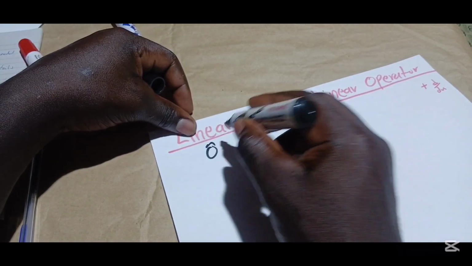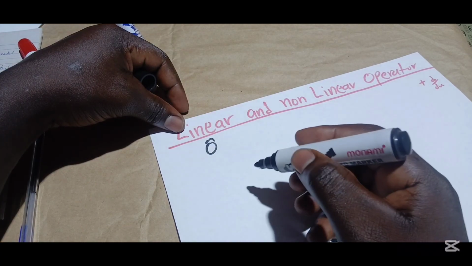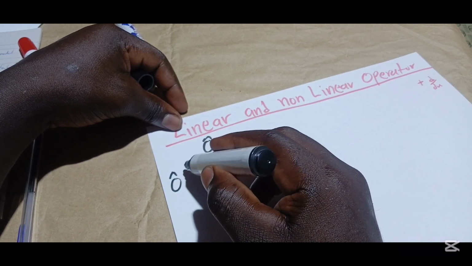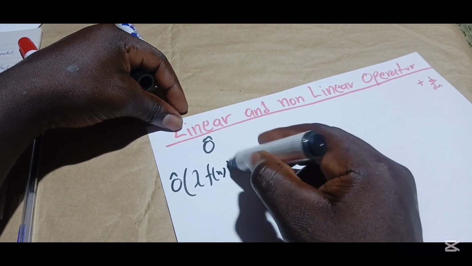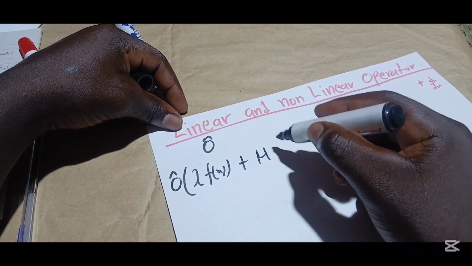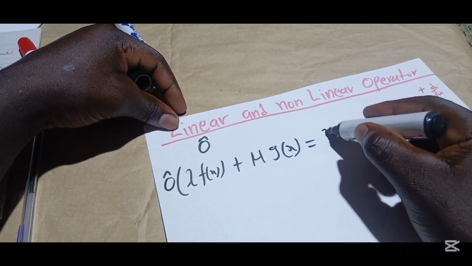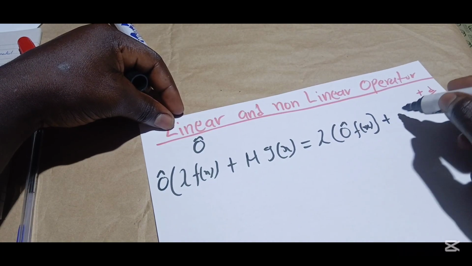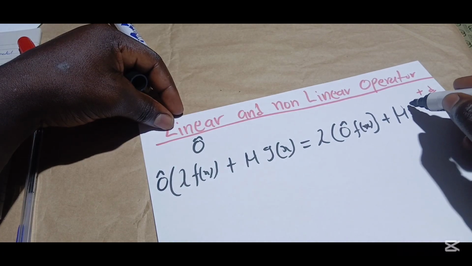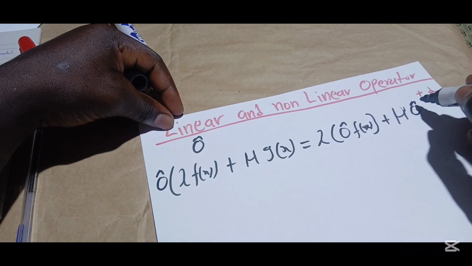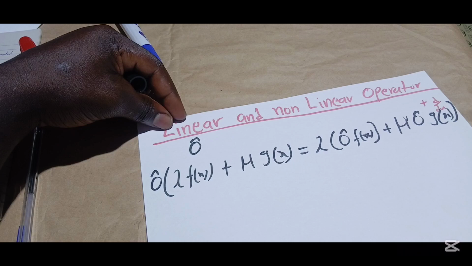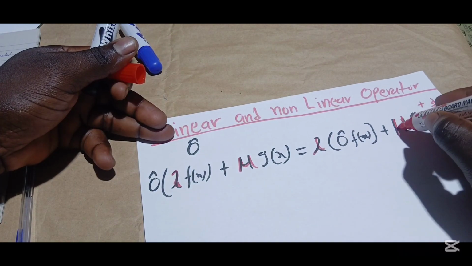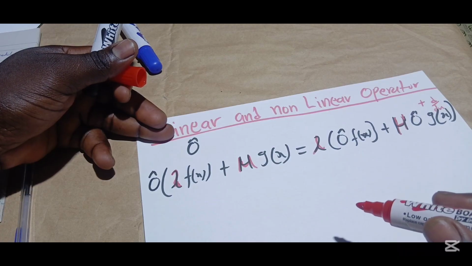Let's say we have our operator O. For this to be a linear operator, if we operate O on the function f of x plus mu g of x, it should give us gamma, the operator, and the function f of x plus mu, the operator and the function g of x, where gamma and mu here are arbitrary numbers. They can either be complex or real numbers.